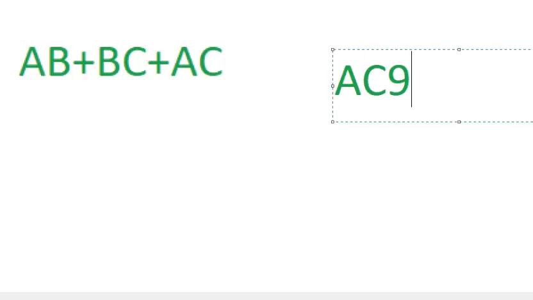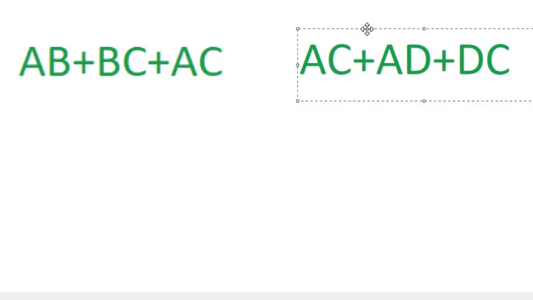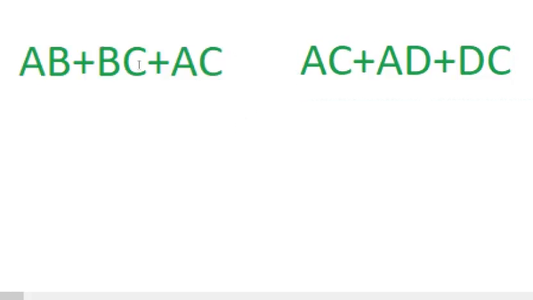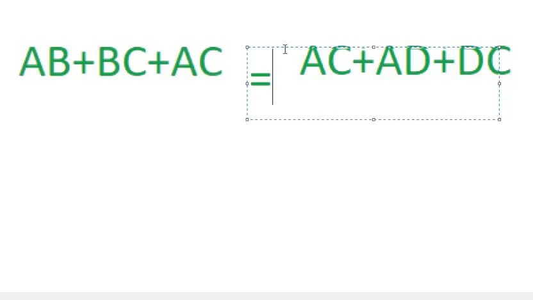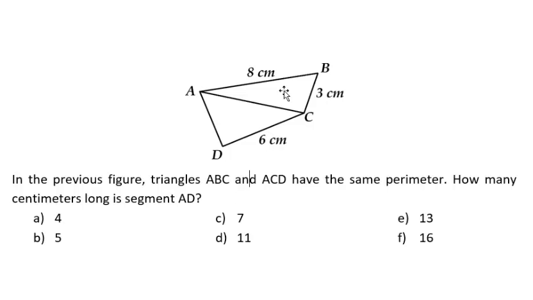Those will be both of the perimeters of the triangles, and I know that they are equal because it says that they have the same perimeter, so I know that they are equal.